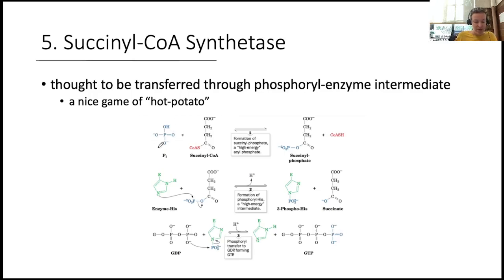So you can see that this phosphate is first forming succinyl phosphate to have this phosphoanhydride-like arrangement here, and then that's transferred onto histidine to phosphohis, and eventually from histidine to GDP to synthesize GTP. I thought that's kind of interesting.